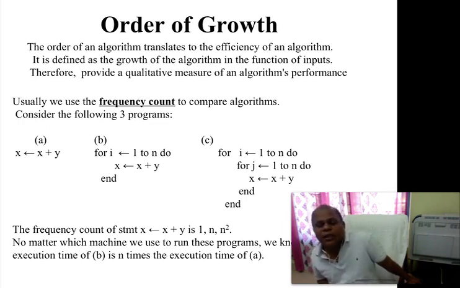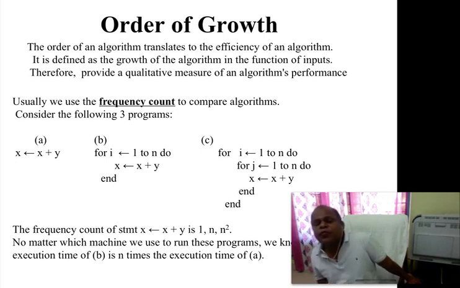In the first example, x = x + y. In the second example, for i = 1 to n, x = x + y. And in the third example, for i = 1 to n, for j = 1 to n, x = x + y. See what is happening. In the first example, the statement will be executed only once.